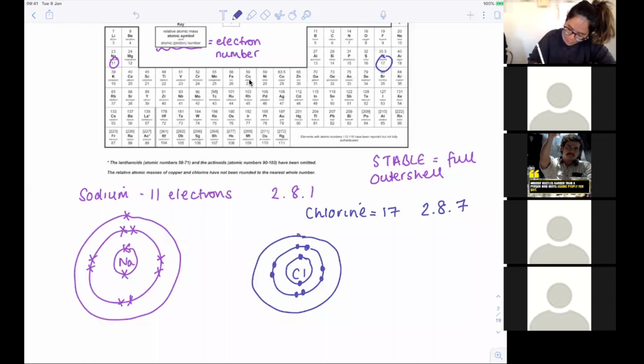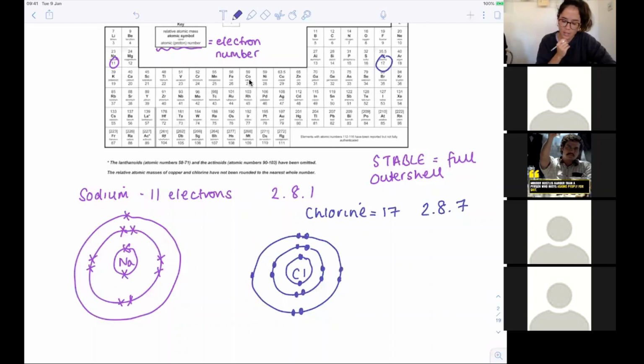That brings us up to 10 electrons, and then the final 7 go here. Notice how I'm drawing them quite carefully. You want your electrons in pairs at 12 o'clock, 3 o'clock, 6 o'clock, and 9 o'clock. In chemistry, we're very fussy about how we draw this.